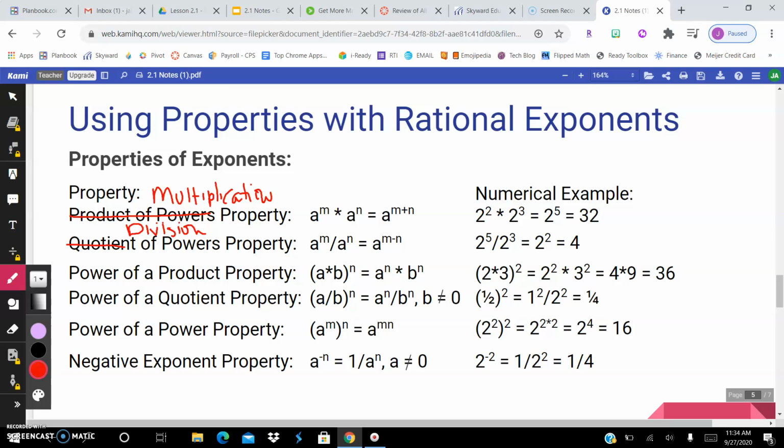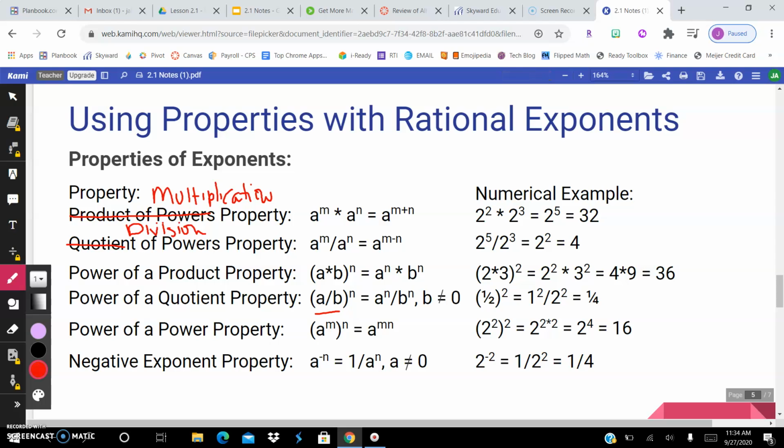The next one here is division inside of the parentheses. The same thing works out. If you have an exponent outside of the parentheses, you're going to distribute it to everything inside the parentheses. So you're going to have a to the n over b to the n. The only thing here is b can't equal 0 because we can't have a 0 at the bottom of a division problem. So that only works if b is not 0.